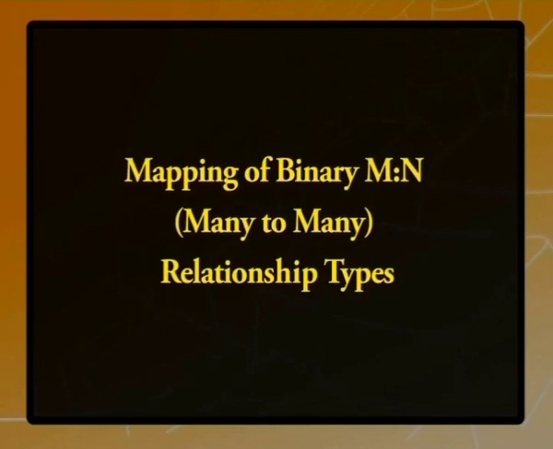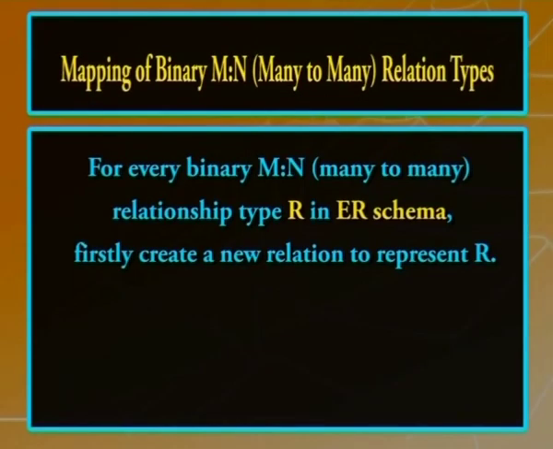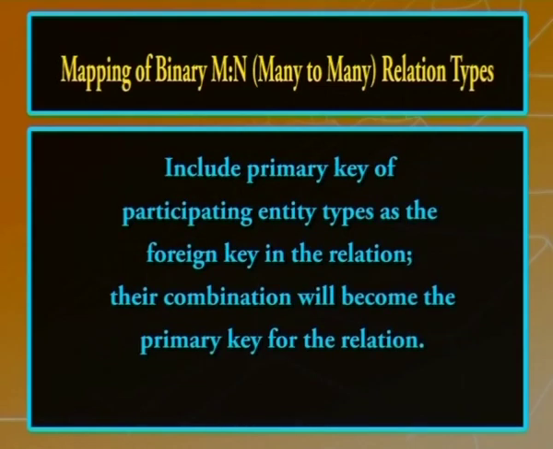Fifth rule is mapping of binary many to many relationship types. For every binary many to many relationship type R in an ER schema, firstly create a new relation to represent R. Include the primary keys of the participating entity types as foreign keys in the relation. Their combination will become the primary key for the relation.